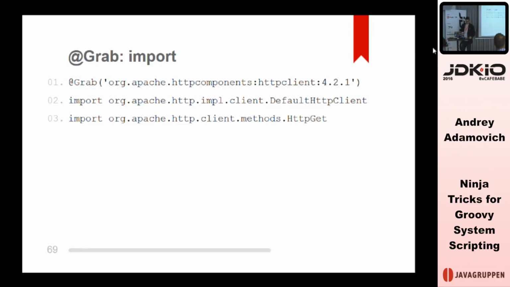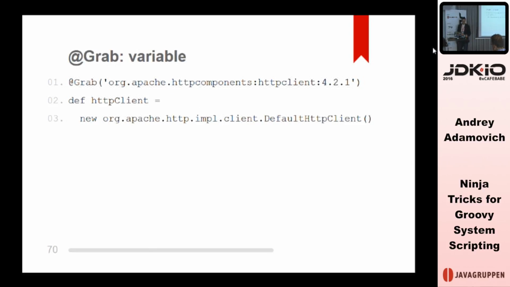So it's very self-contained. You don't need to write build scripts or installations or anything. You just write the script, grab your stuff, import it, and use it. That's it. That's very handy and very good for self-contained scripts.